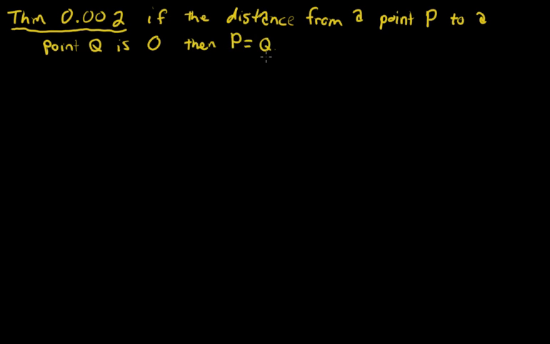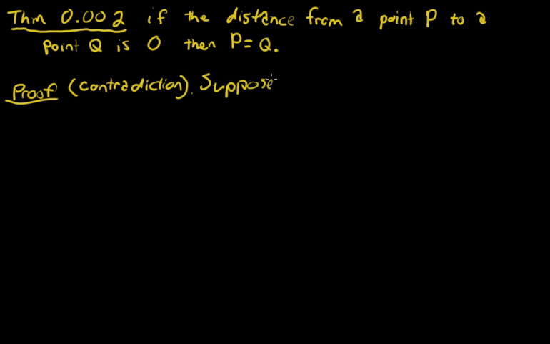So we want to prove that this is true. And the way we're going to do that is by contradiction. First, let's suppose the distance from P to Q is 0.